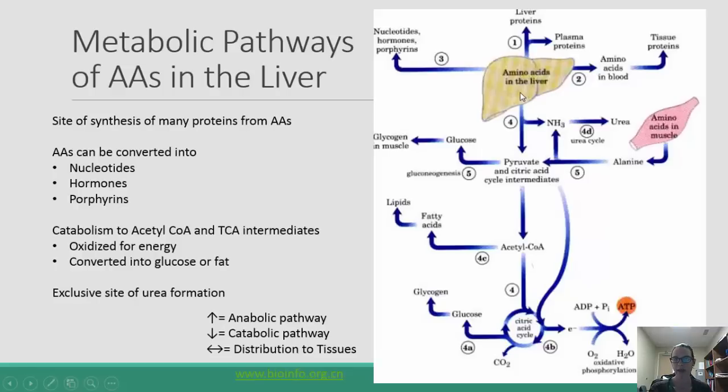So in this way, the glucogenic amino acids can be converted to pyruvate. But we know this requires deamination, in which case the nitrogen group goes to urea. We also know that the amino acids from the muscles can be released in the form of alanine, which can be converted into pyruvate.